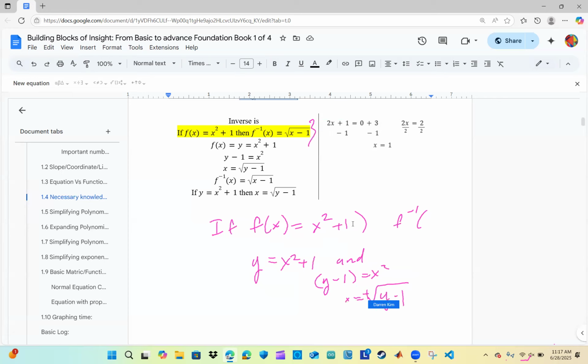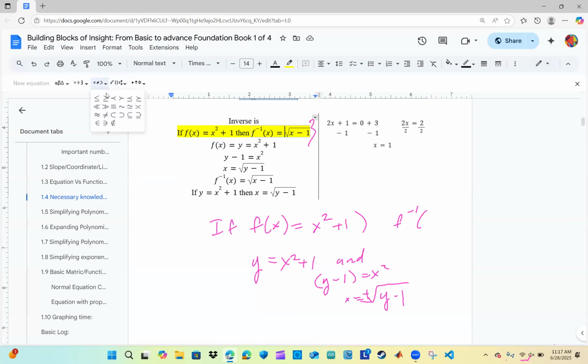It should be plus and minus, to be a proper inverse of each other. Just add plus and minus here.